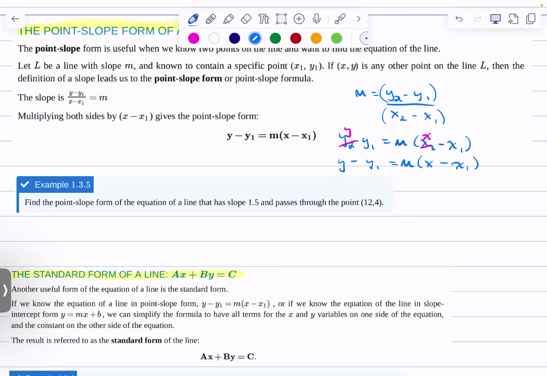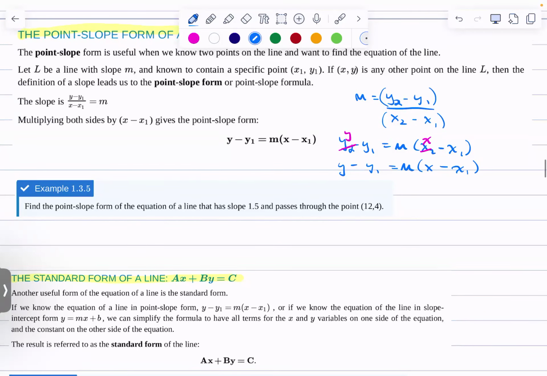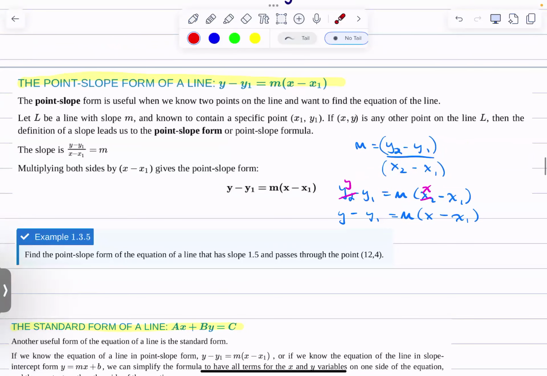The x and the y's just are open for any values, just like in y equals mx plus b. So what's the benefit here? This is the point slope form of a line, which is what we found here. These are the same, it's just this one's written nicer because it's typed up.